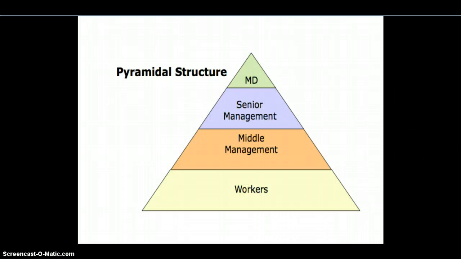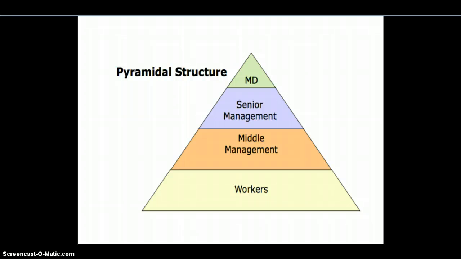The next slide, we have a pyramidal structure. And this type of structure is a hierarchy with the executive level at the top and descending from the middle management to the lower level of the organization. This type of organization is also known as a bureaucracy. The MD, known as the managing director, has control of all the key elements of the company.